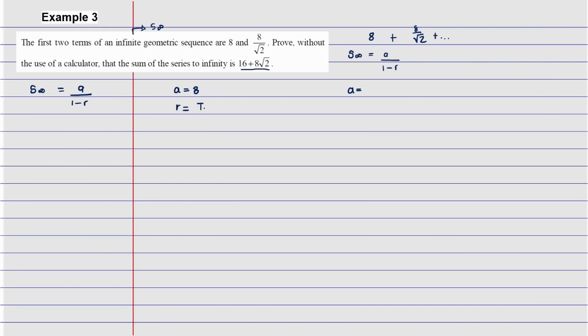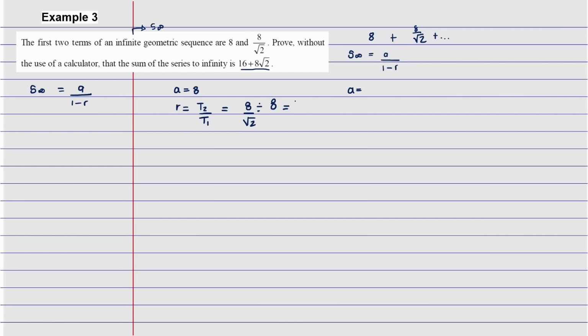R is going to be T2 divided by T1, which is equal to T2 divided by 8.